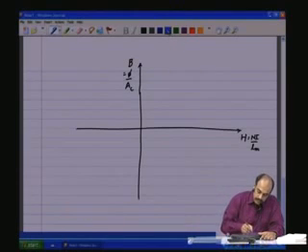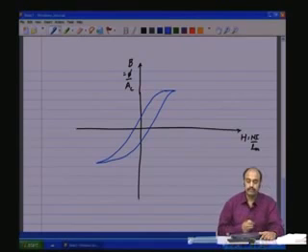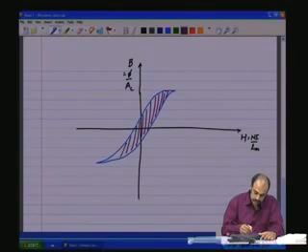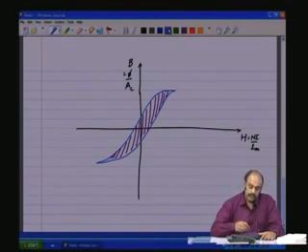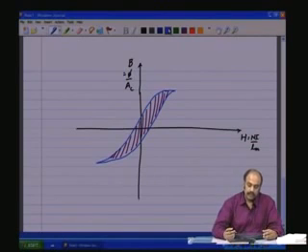So, we have seen before that this results in a curve, and the area covered within the BH loop in a cycle is the energy that goes off as hysteresis loss, because that is unrecoverable.